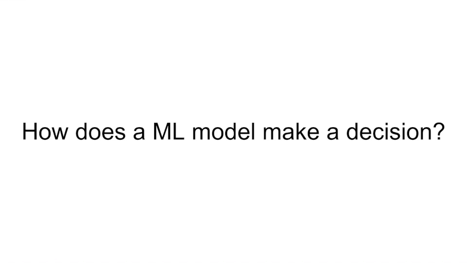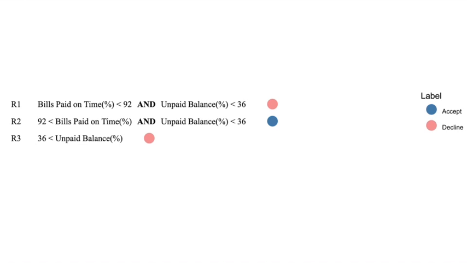Now that you have learned what a machine learning model can do and the concept of features, values and labels, it's time for us to provide more information about how a machine learning model makes such decisions. One way to describe this process is through the use of a set of rules. Using the credit card application example again, the way the machine learning model makes the decisions can be described by the set of rules that you see here.